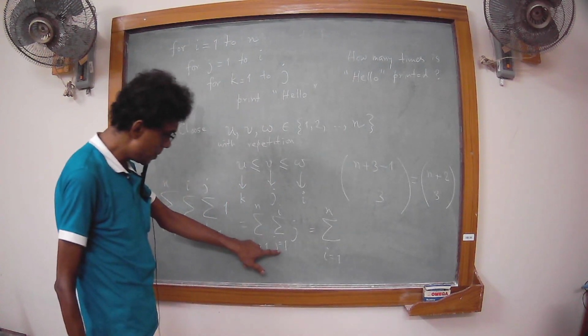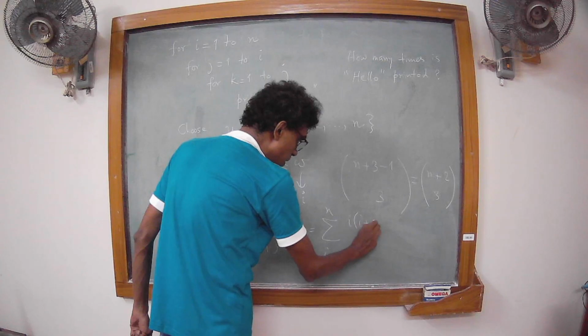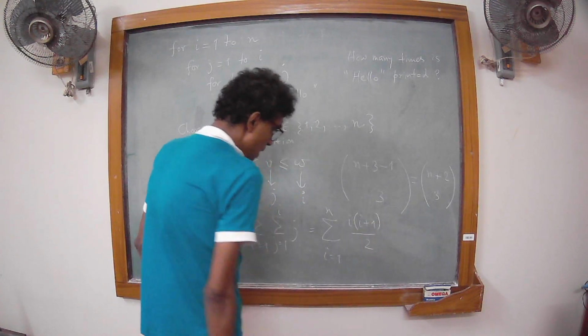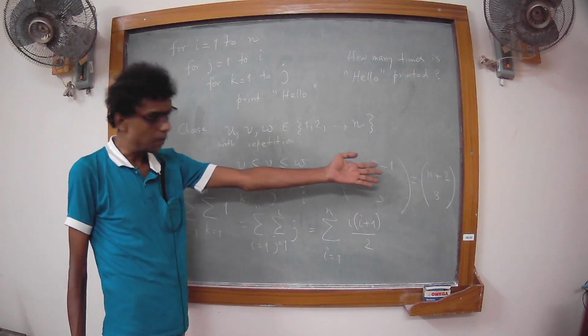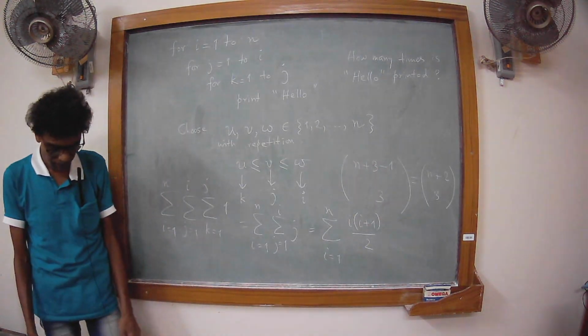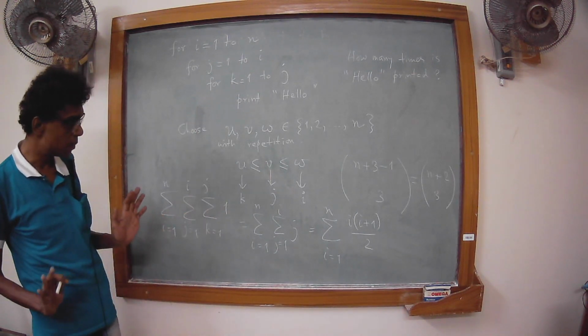Now, this is the sum of j from 1 to I, and we know that this formula is I times I plus 1 by 2. And then if I make a sum of this thing, it will eventually come to the same formula. But this involves a lot of algebraic manipulations.